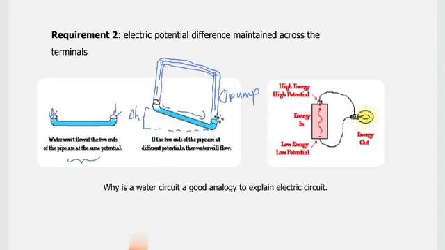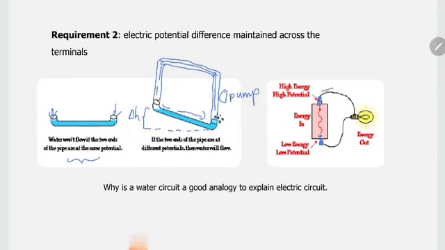Now that's the same here. We talked about last time that the chemical reaction happening inside the battery is keeping this terminal positive and the other negative. Okay? So in doing so, between the ends of the wire, there is a potential difference. So the charges can flow from the high potential terminal towards the low or negative potential terminal.